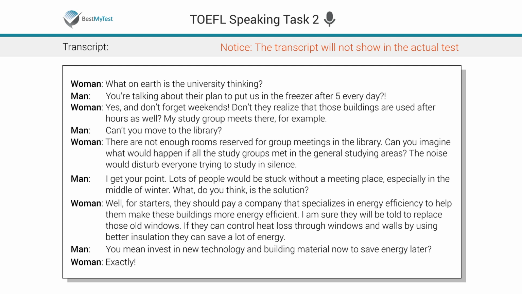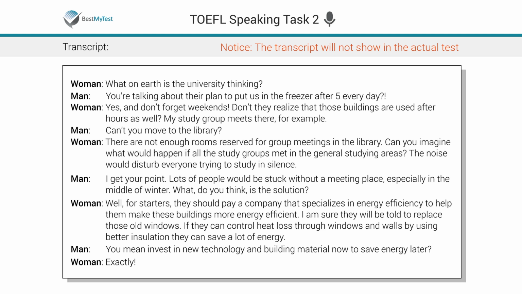My study group meets there, for example. Can't you move to the library? There are not enough rooms reserved for group meetings in the library. Can you imagine what would happen if all the study groups met in the general studying areas? The noise would disturb everyone trying to study in silence. I get your point. Lots of people would be stuck without a meeting place, especially in the middle of winter.